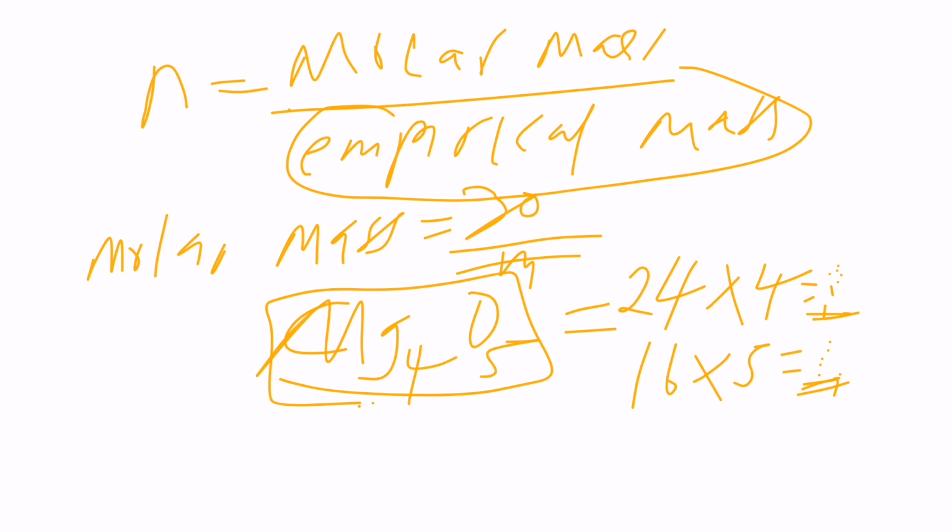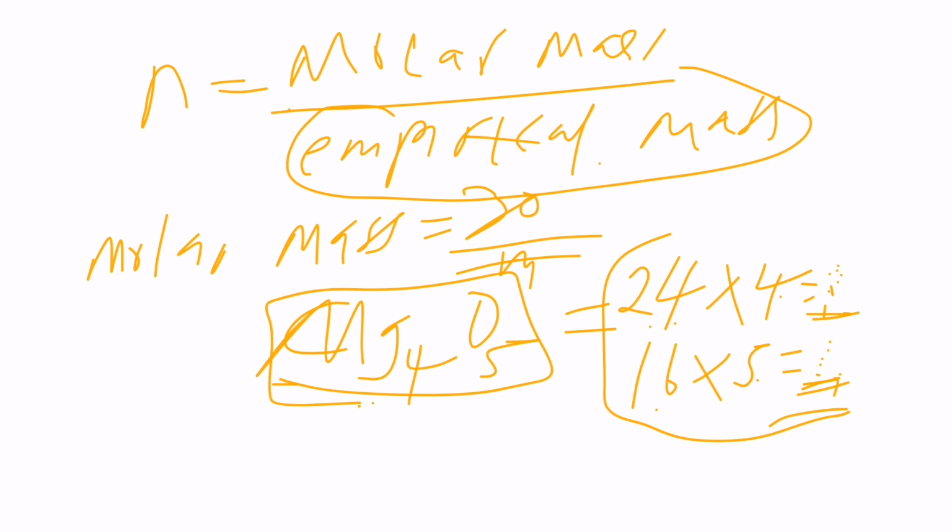For the empirical mass, you calculate like I did here, using the formula you have found. If the empirical formula is Mg4O5, you find the mass: 24 times 4, 16 times 5. Then you add the masses.